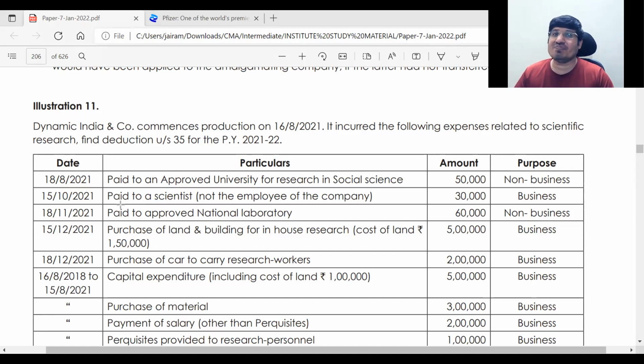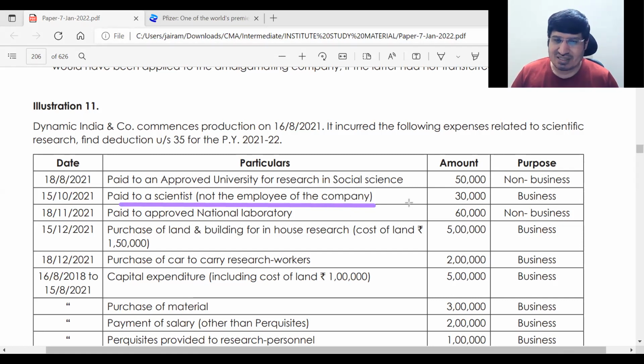You can hire some scientists on contract basis also. So paid to a scientist, not the employee of the company, is not a problem. Employee or not is not the question here. For scientific research, because many times whatever business you will be doing, you will not be having scientists, isn't it? So आपको hire करना पड़ता है, that's on a contract. They will never be on your rolls.